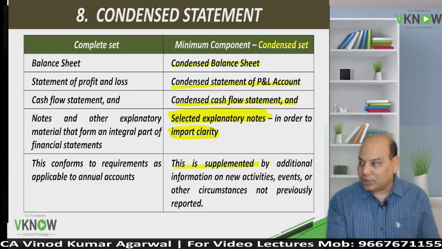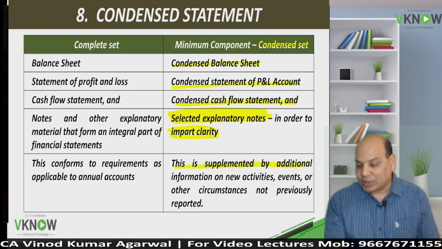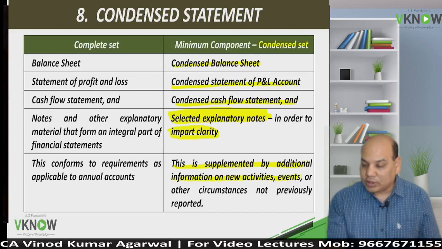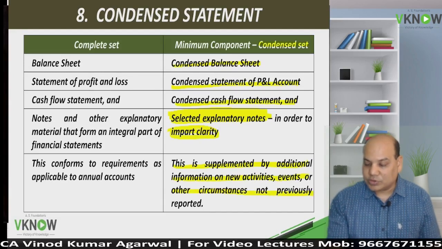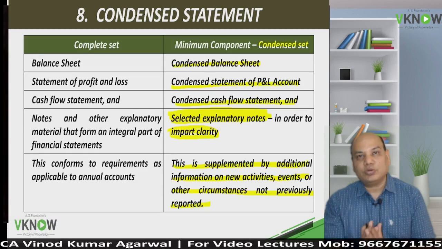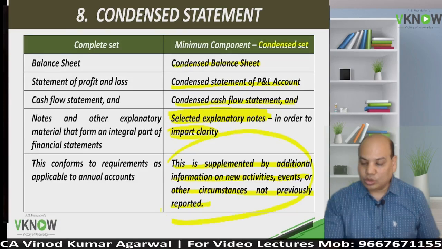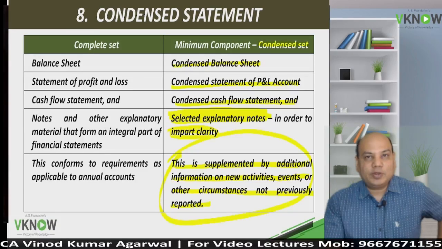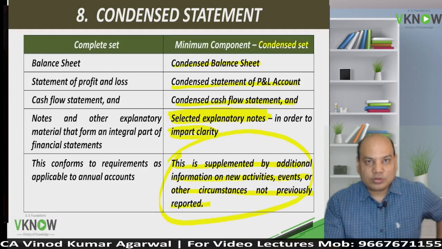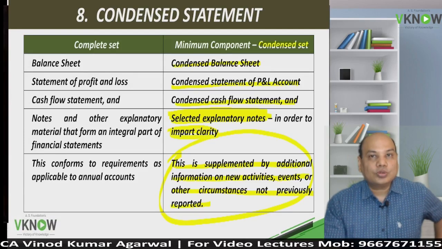And this is supplemented by additional information on new activity, event, or other circumstances not previously reported. Anything more you want to give which will be useful for the user, which will give more information to the user, more clarity to the user, which will avoid misleading information, those additional information can also be given.